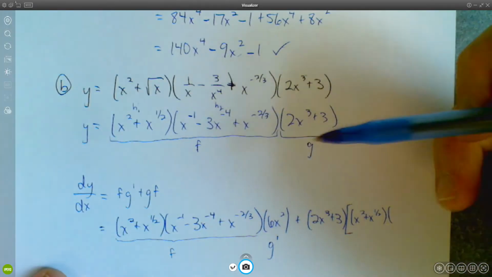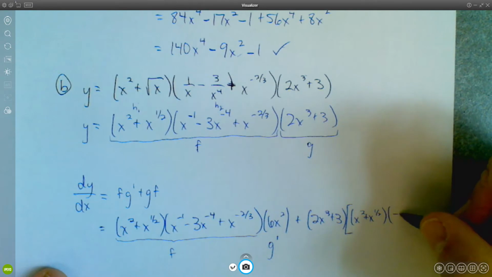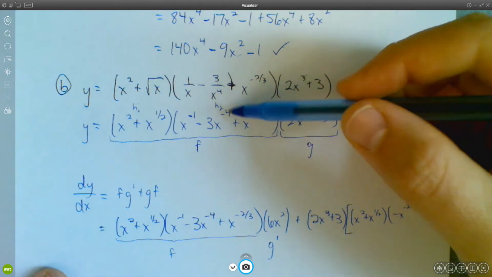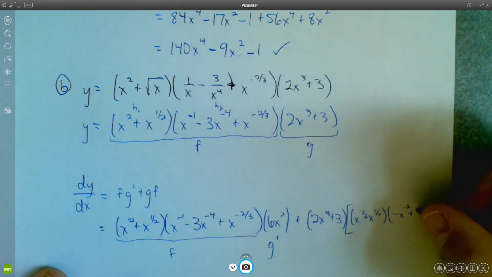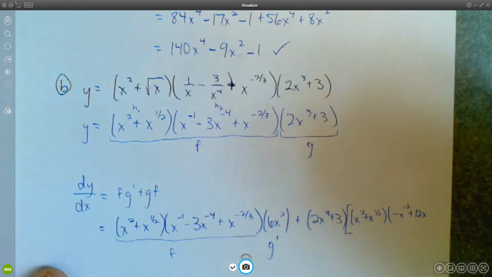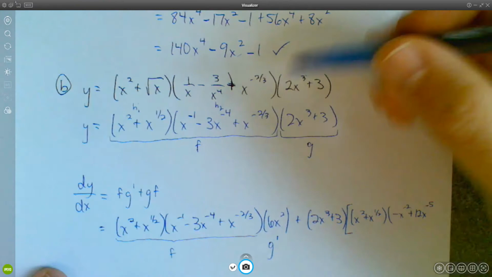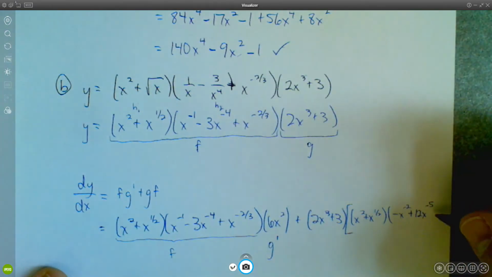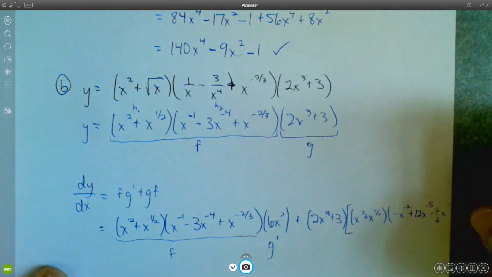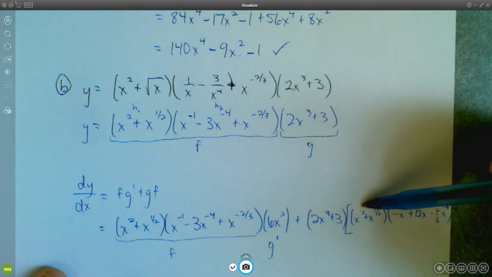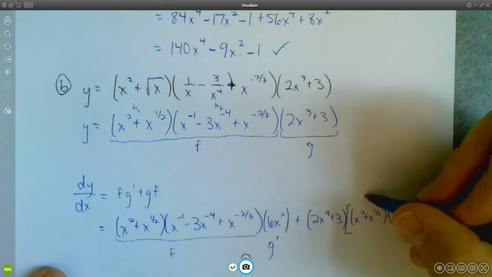So that's going to be negative x to the negative 2. Negative 4 times negative 3 is positive 12, so plus 12 times x to the negative 4 minus 1 is negative 5. And then minus 2/3 times x to the negative 2/3 minus 1 would be negative 5/3. Okay, so there's h1 times h2 prime.